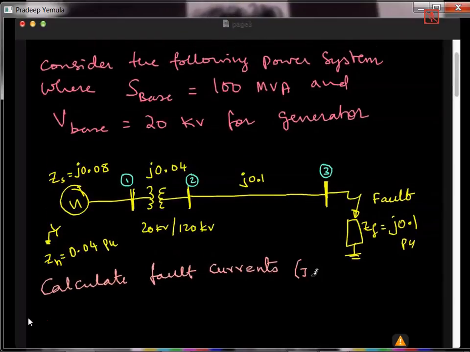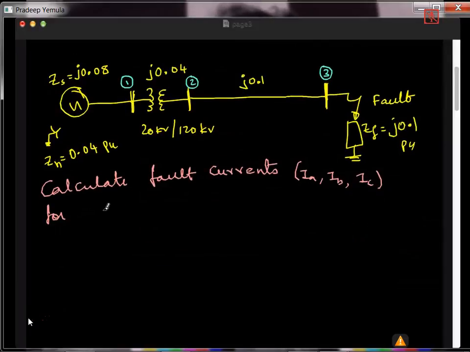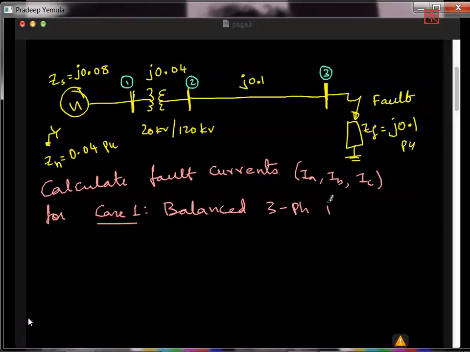That is IA, IB, IC, the fault currents, for different cases. So case 1 is a balanced 3-phase fault, that is LLL fault.